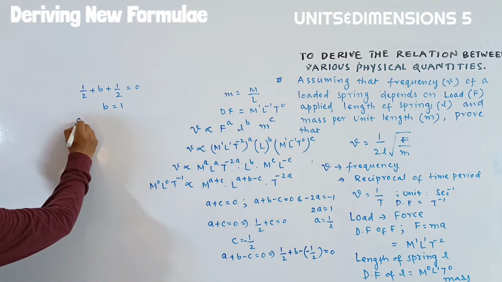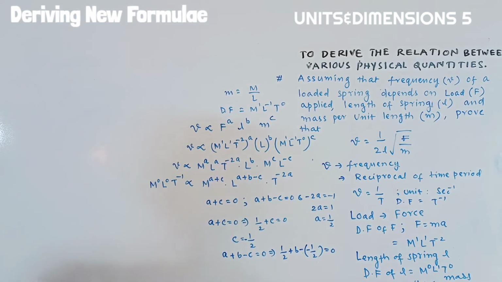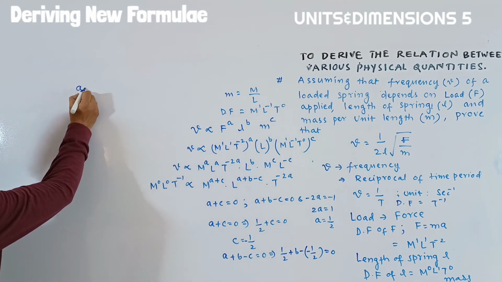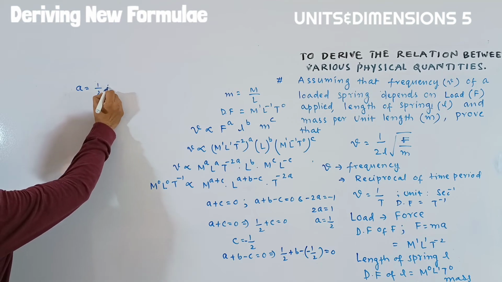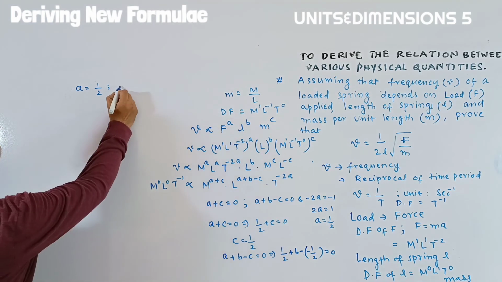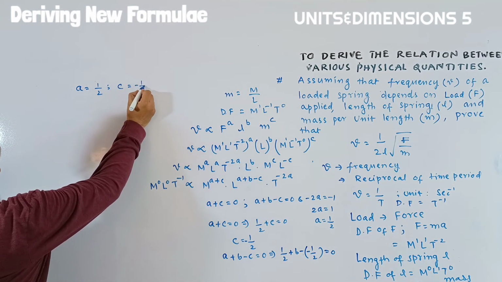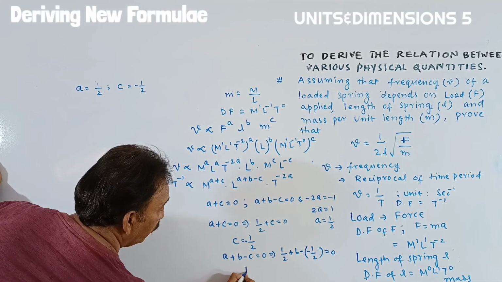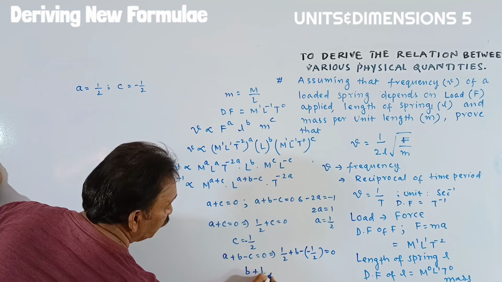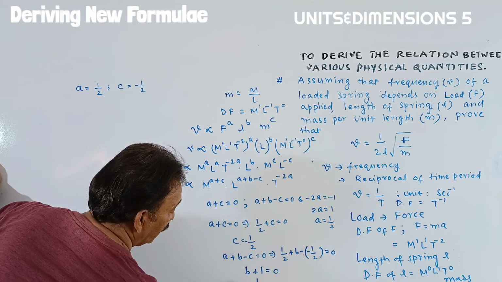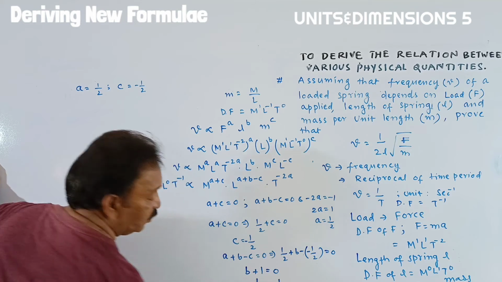And we can write the powers. Okay, students, we had a is equal to 1 by 2, c is equal to minus 1 by 2, and b is equal to minus 1.